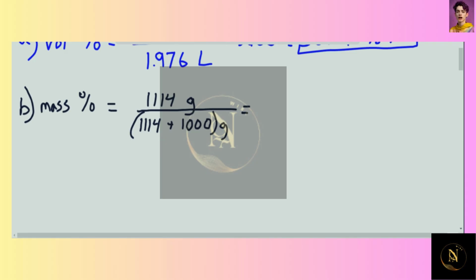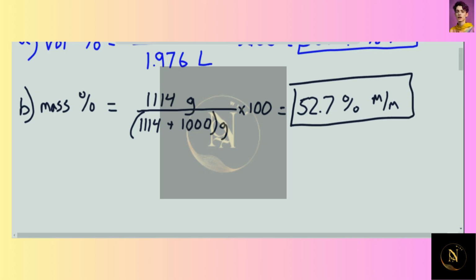We multiply by 100 because this is percent, and we calculate that it should be 52.7% by mass, or you may see weight by weight.